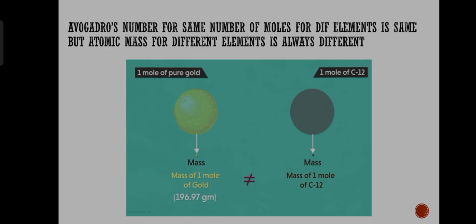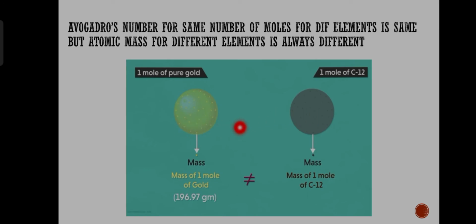If the number of moles is the same for different elements, the number of particles will be the same, but for different elements, the atomic mass is different, because when we are dealing with those substances in moles, it means we are dealing with them in Avogadro's number. And for 1 mole, the Avogadro's number is always the same. But relative atomic masses are different.